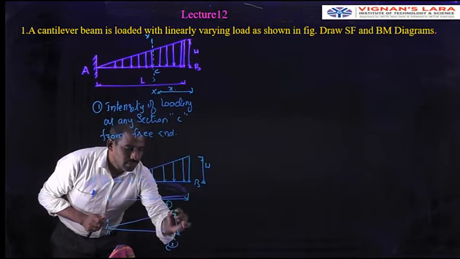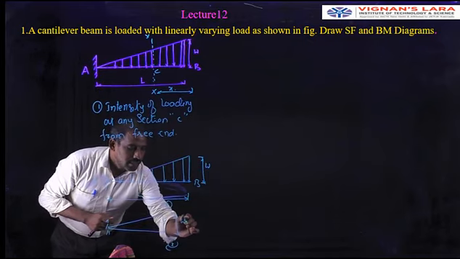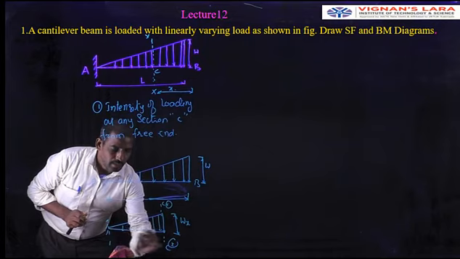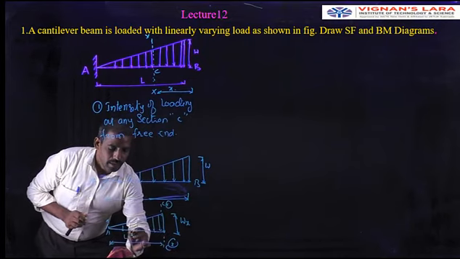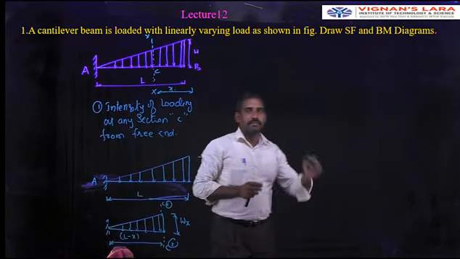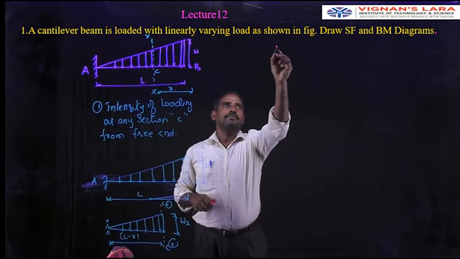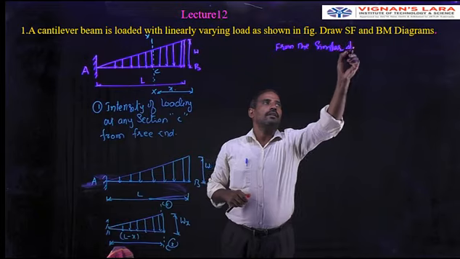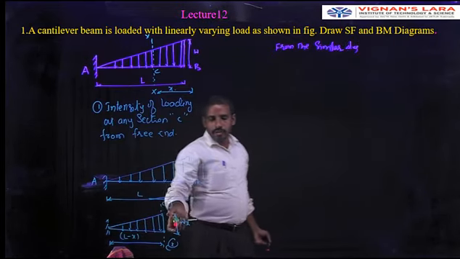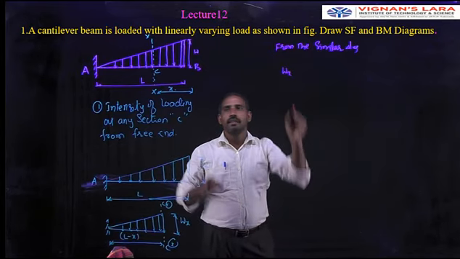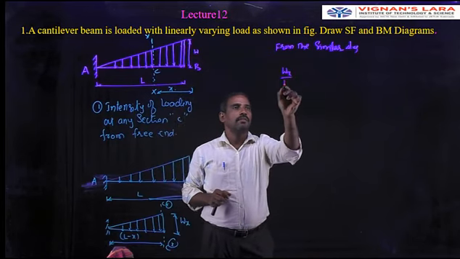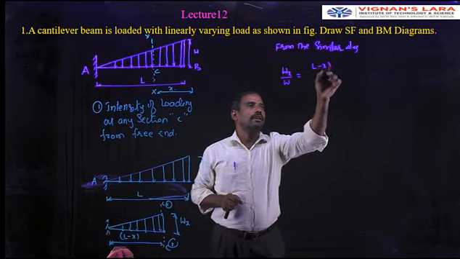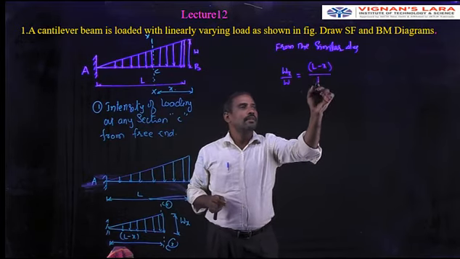We have to find out the intensity of load at the section C, assumed as W suffix X. Definitely, the length of the portion left to the section XX is L minus X. Then from the similar triangles, the intensity of load at section XX, W suffix X, over the intensity of load at B, that is W, is equal to the length of the smaller triangle, L minus X, over the length of the larger triangle, L.